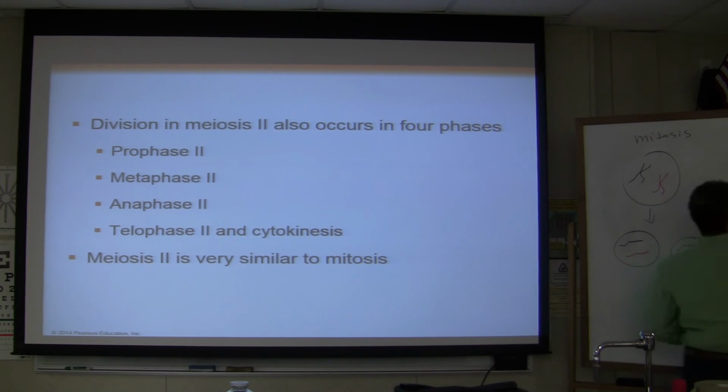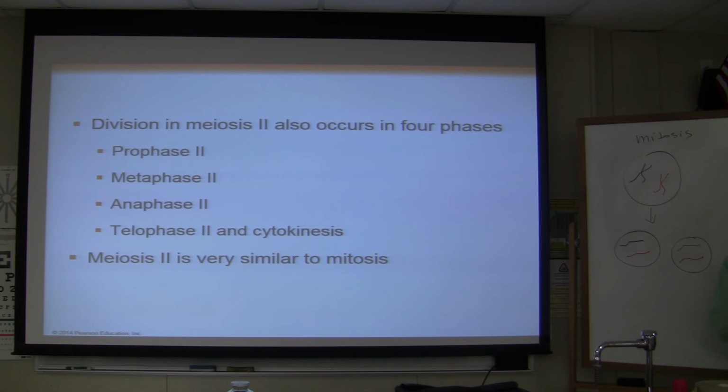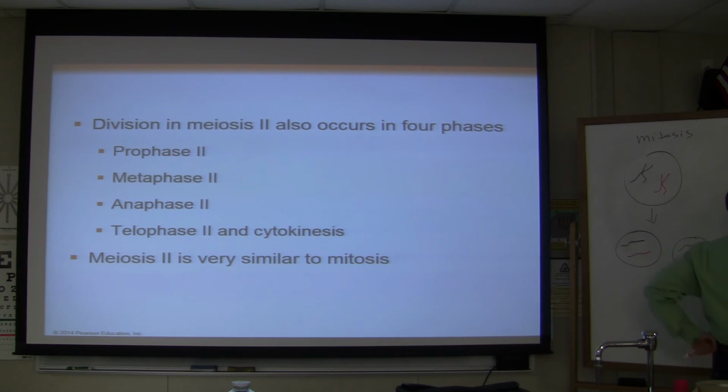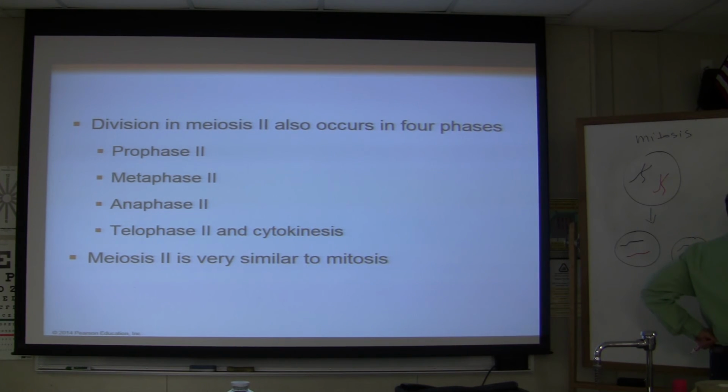Now, in meiosis, you have the same thing, red and black, right? And then what will happen in meiosis, they line up in the middle of the cell. This is meiosis 1. I should not confuse you guys.